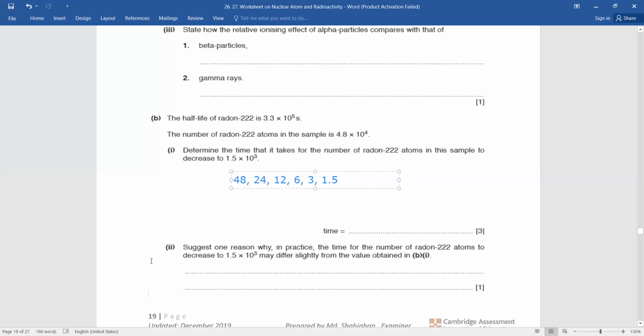Give just one reason why in practice the time for the number of radon 222 atoms to decrease to 1.5 into 10 to the power 3 may differ slightly from the value obtained in B1. Background radiation. Because radioactive emission is random. Random in time. If we just write radioactive emission is random in time, we'll get marks. Yes.